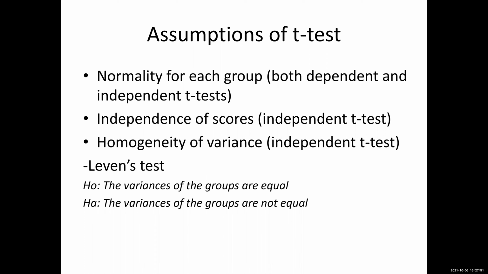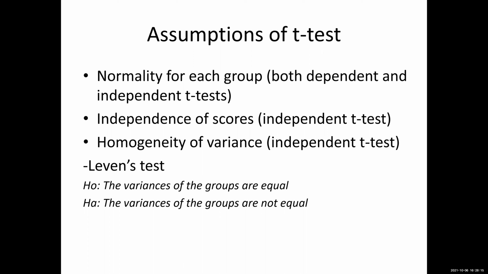If p is less than 0.05, you are going to accept HA, and HA says the variances of the groups are not equal.